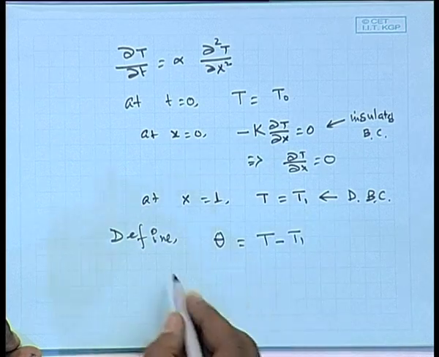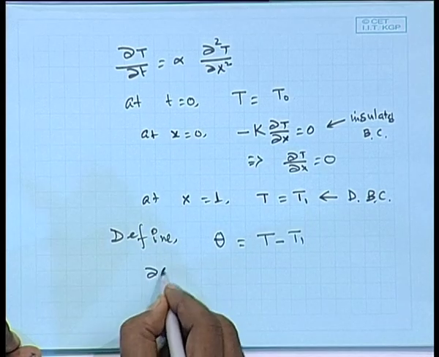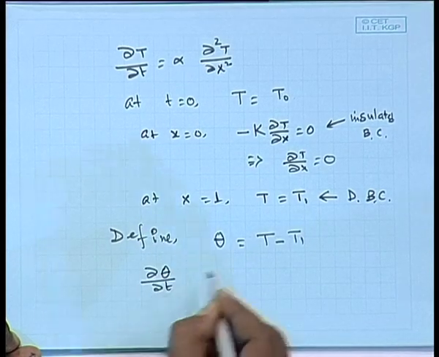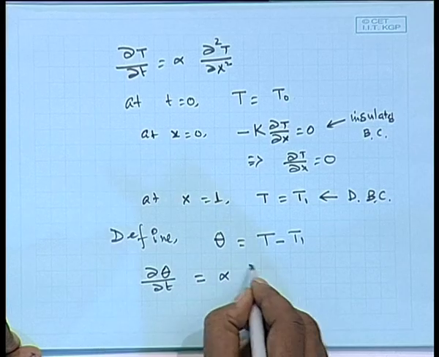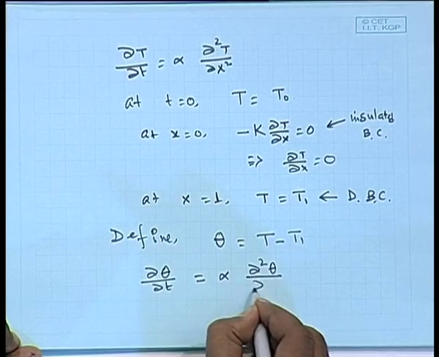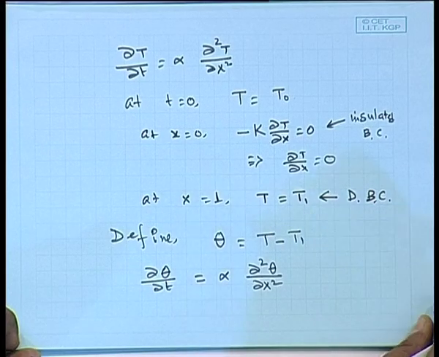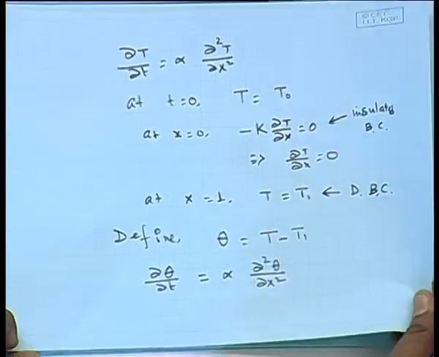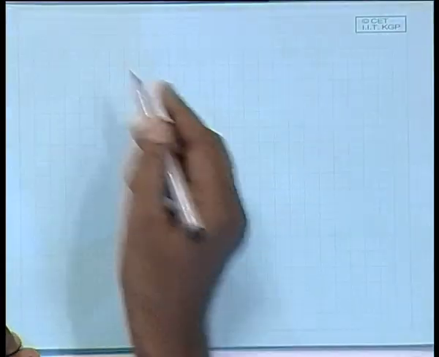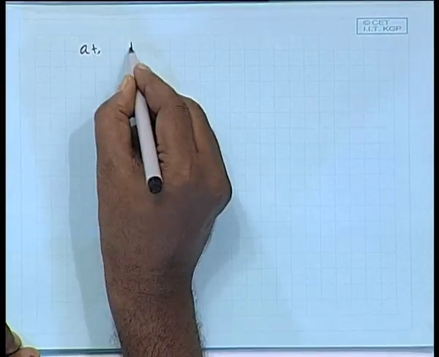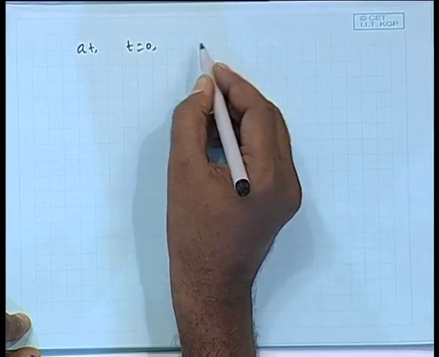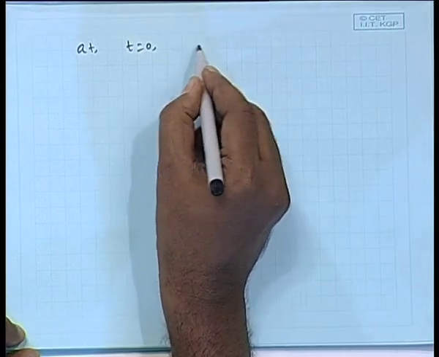Okay. With this, your equation becomes del theta del t is alpha del square theta del x square, right. At t equal to 0, transform the boundary condition and initial condition as well.